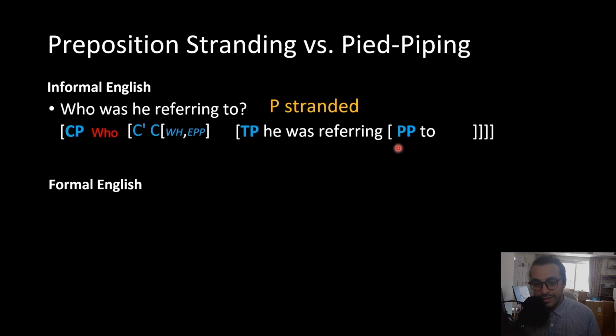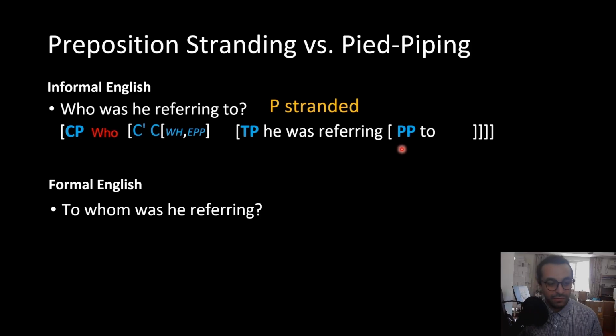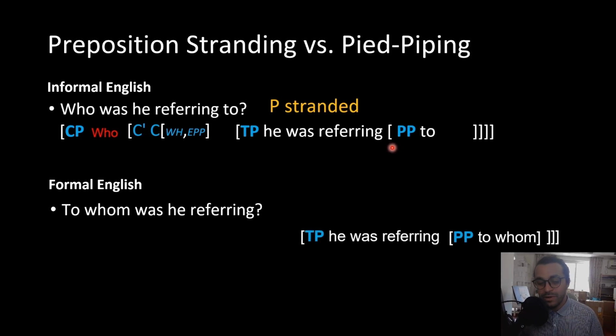In formal English, things are different, as I explained earlier. The sentence we've seen earlier was to whom was he referring, and there is nothing stranded. Let's look at the sentence. It's pretty much the same derivation. Now the WH feature here triggers the CP to attract its closest WH-carrying head, but this time the whole PP is targeted.